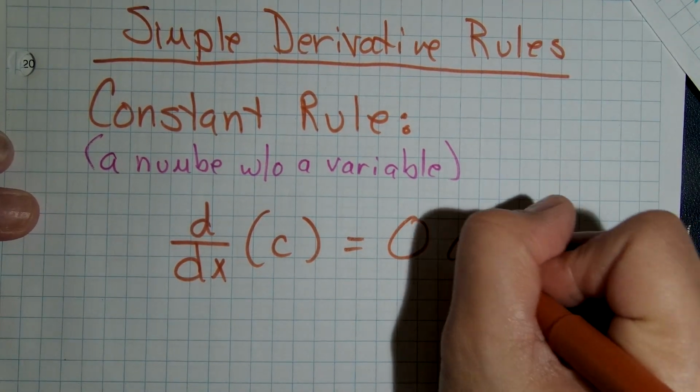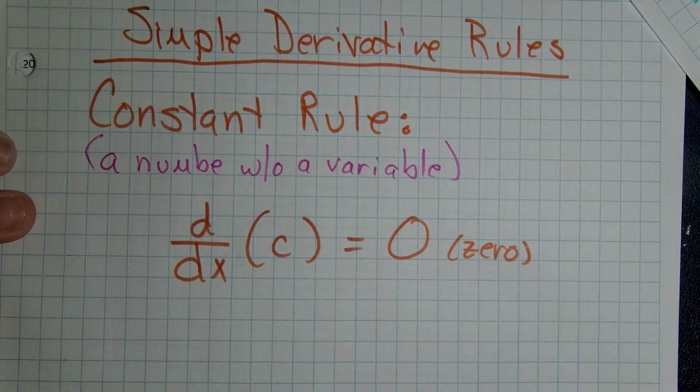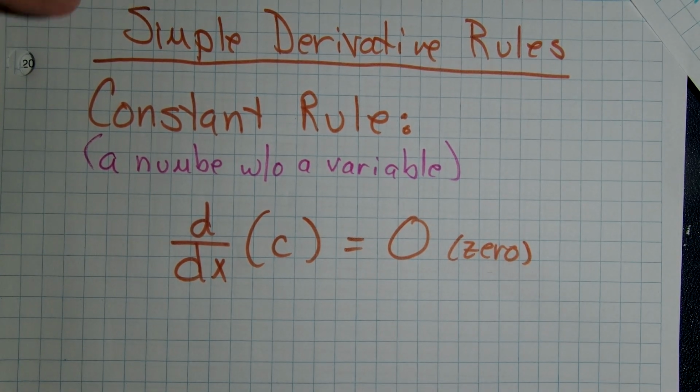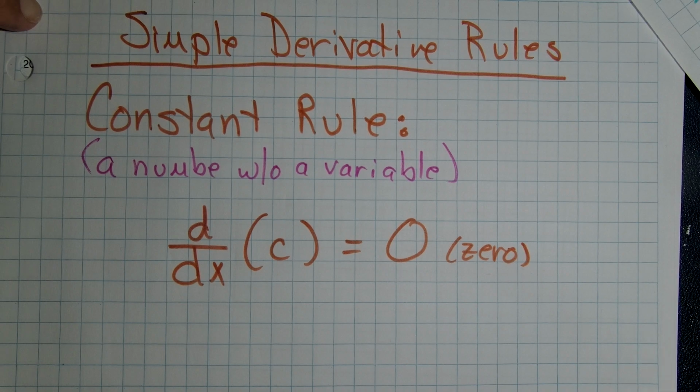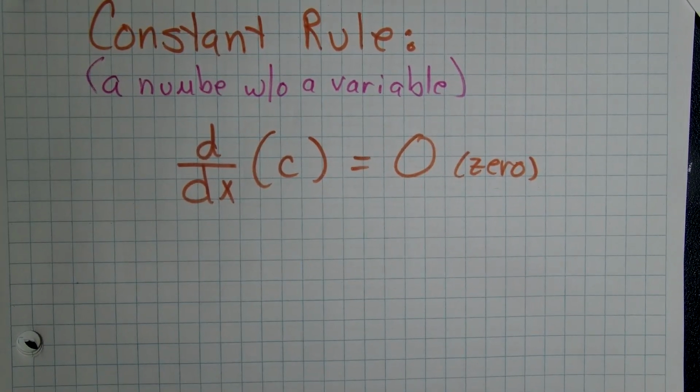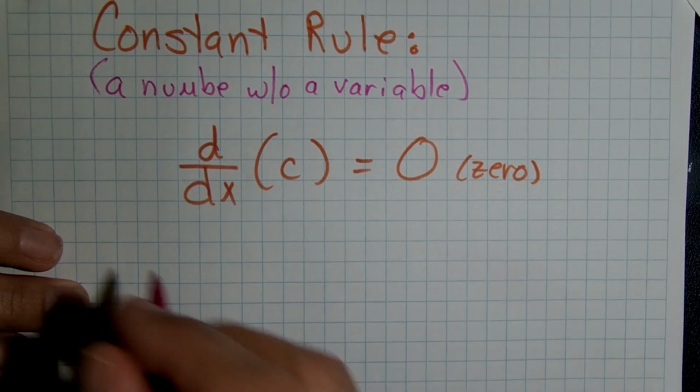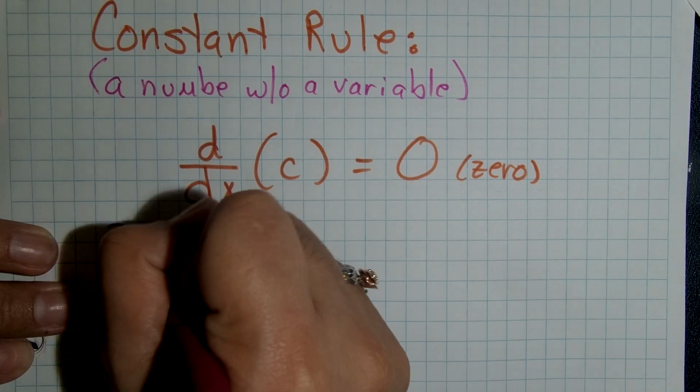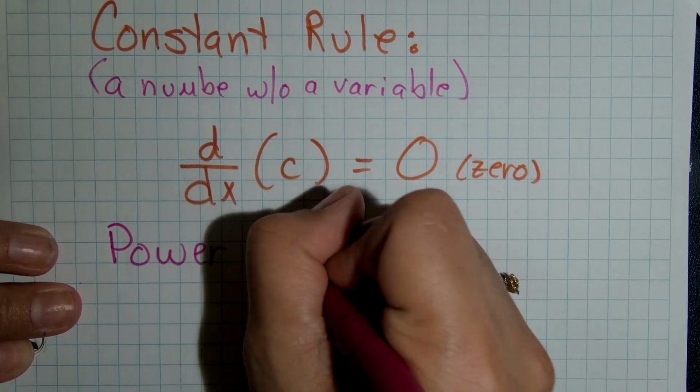Always, always, always. If it has no variable, the derivative is 0. Questions?